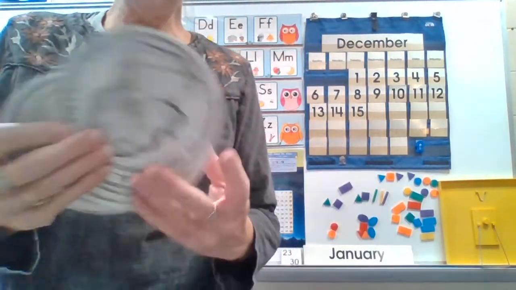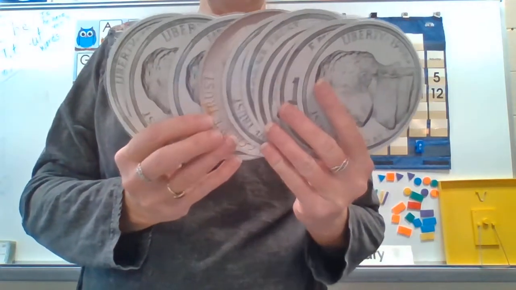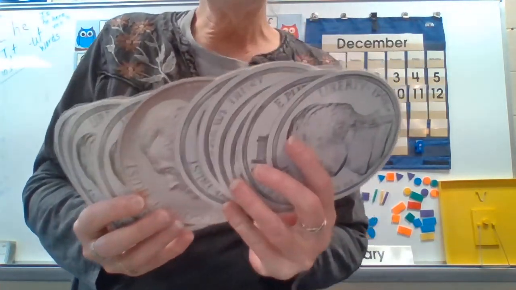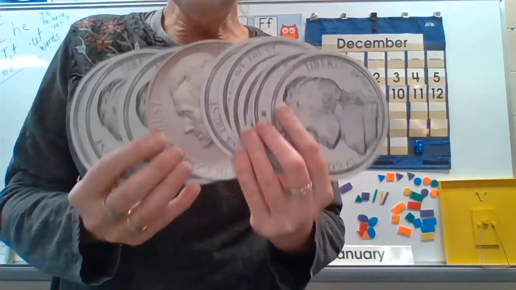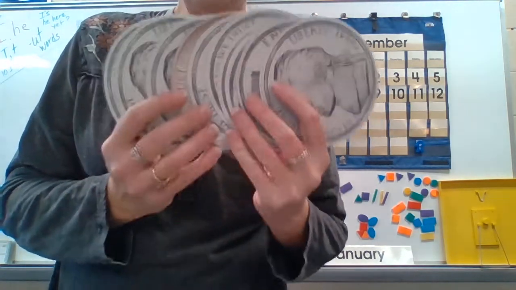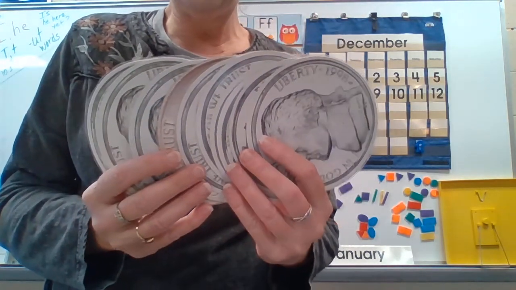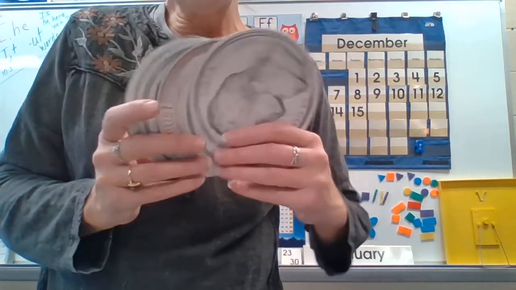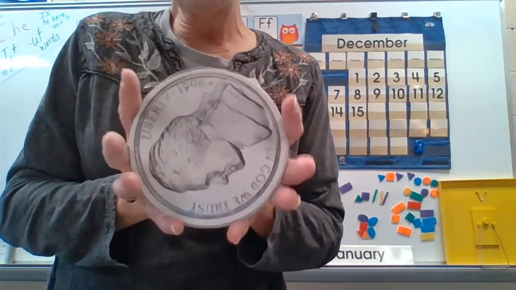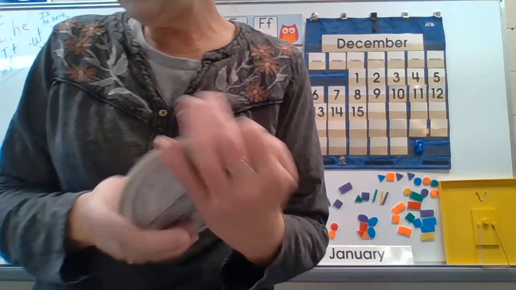Oh my goodness, do you know how many nickels were there? I'll tell you, 10 nickels. It takes 10 nickels to make 50 cents, okay? And we counted them by 5s and we got to 50, so that means there's 50 cents here, all right?